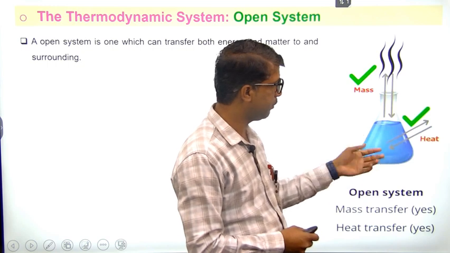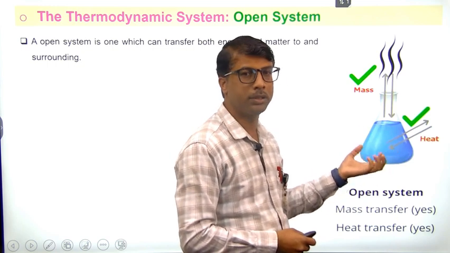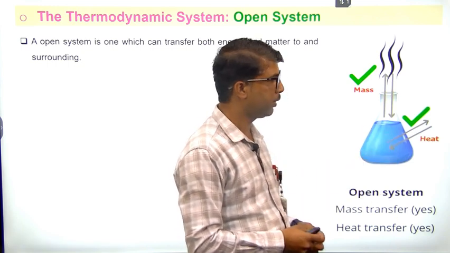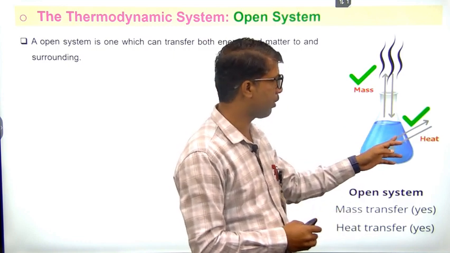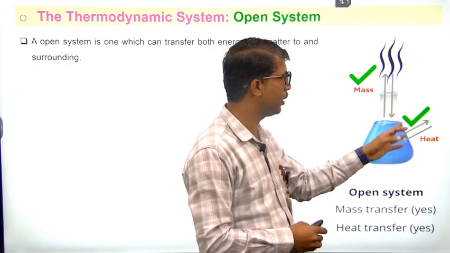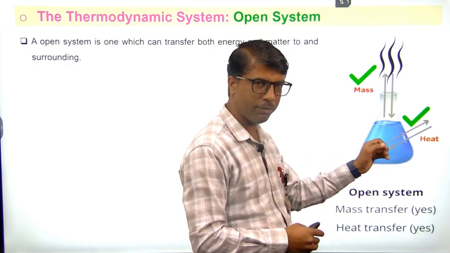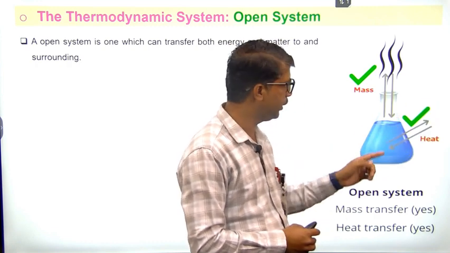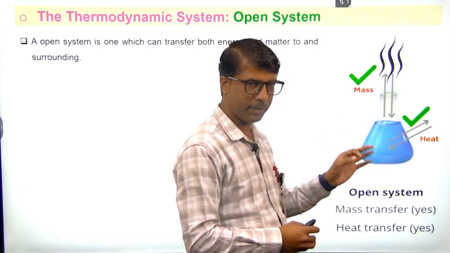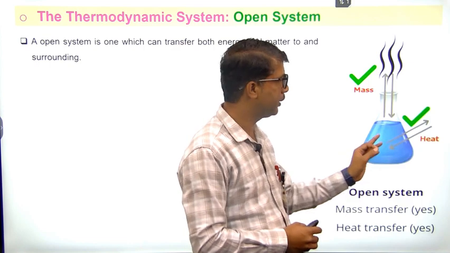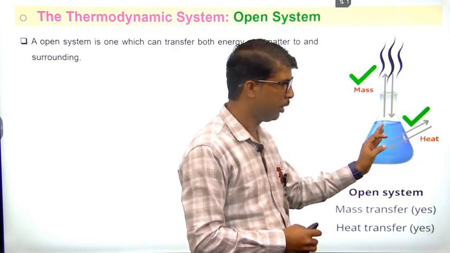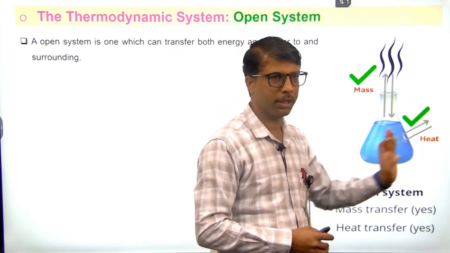Now the second is, when we heat the water, you will observe the transfer of heat through the glass of the conical flask to the surrounding. So in this case, both matter, that means water, and energy, that means heat, can be transferred from the system towards the surrounding.